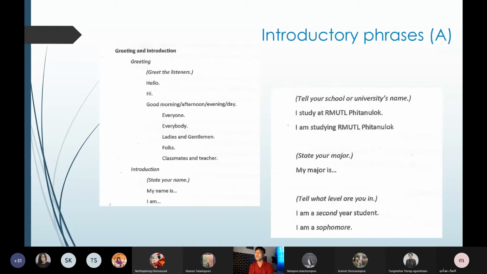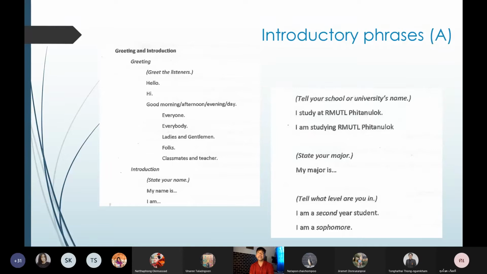Okay, but for you, for the students who are listening now, you could say I study, or I am a student, or I am studying at RMUTL. That should be Pitsanulok. Sorry for the typographical error. So I study at RMUTL Pitsanulok.